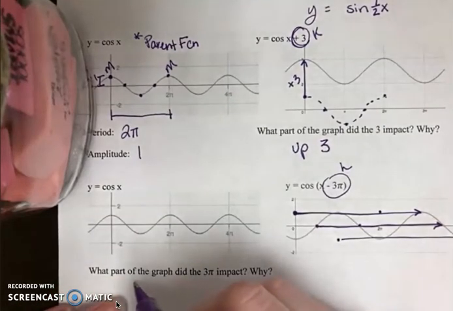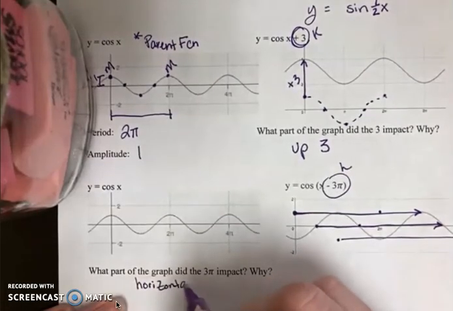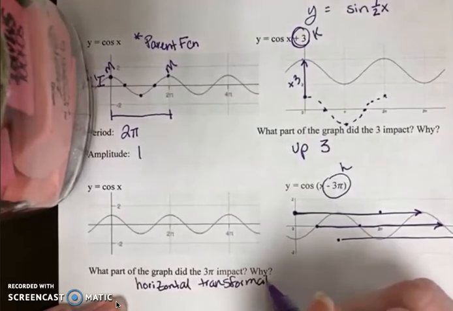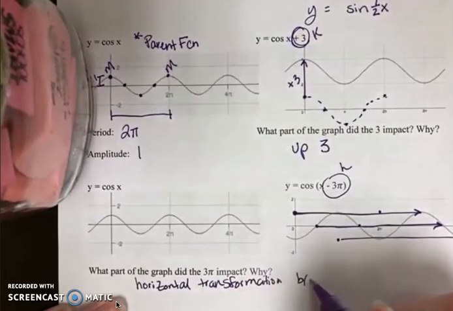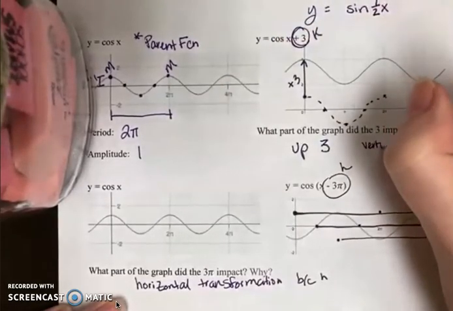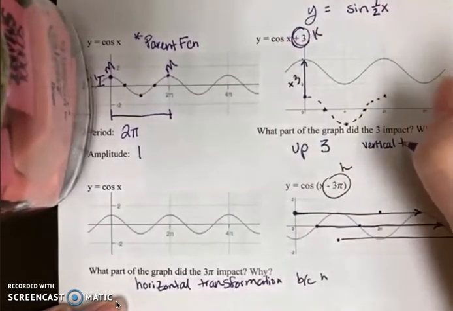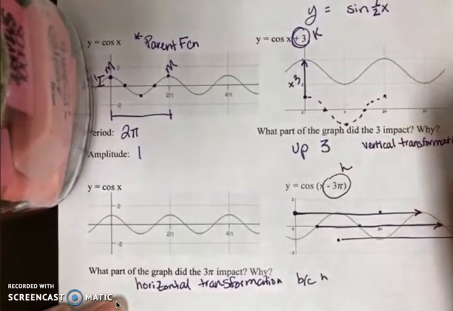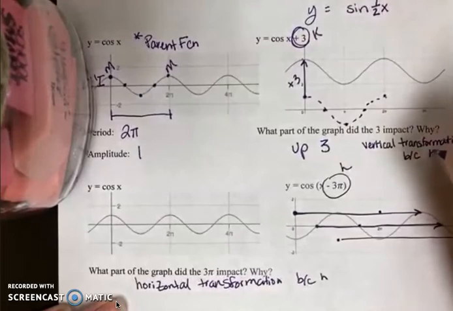So I'm just going to say horizontal transformation, because h, and up here it was a vertical transformation because k.